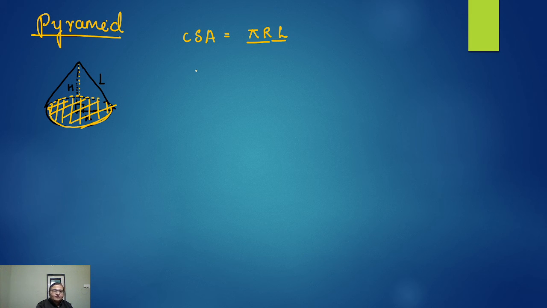And when we have to do flooring also, for total surface area, what you have to include is pi r L plus the area of that circle, that is pi r square. Pi r (L plus r).